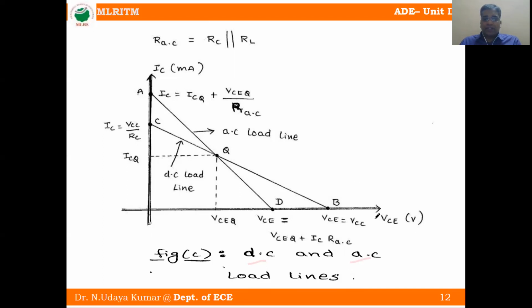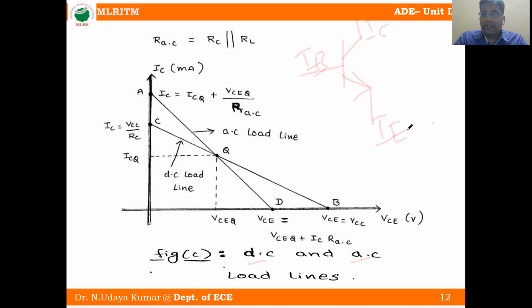See, this is the VCE, this is the IC, at the output side. So this is the transistor. This is the collector terminal, meaning collector current, base terminal means base current, E means emitter current.